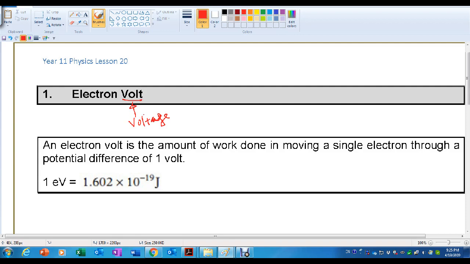Normally when we talk about the magnitude of a battery, we use voltage. Okay, so electron, you know what it means. But actually, the whole thing, electron volts, is a unit of energy.